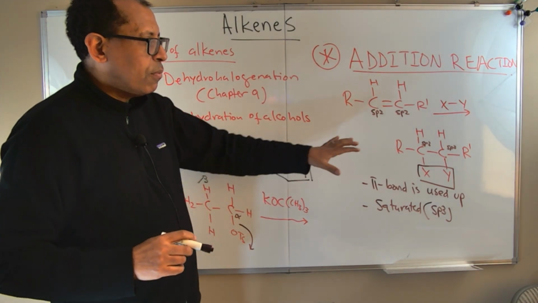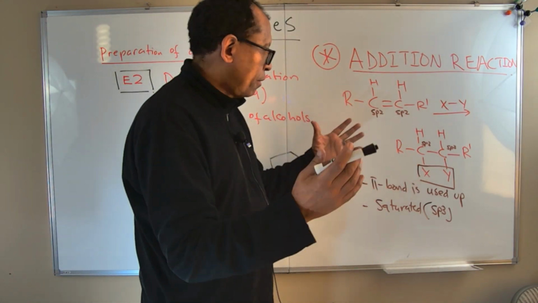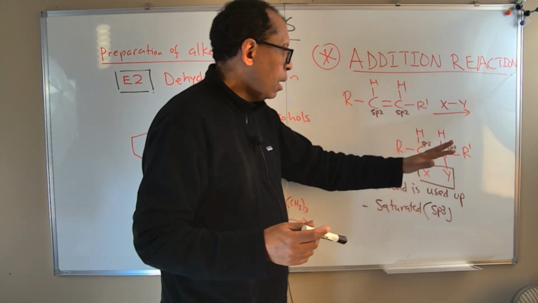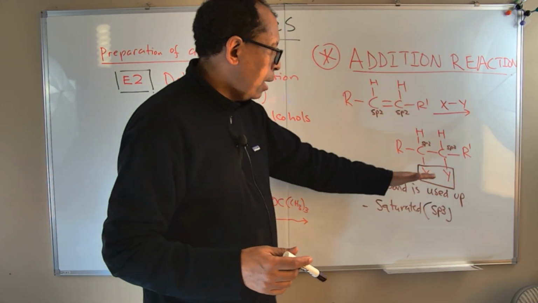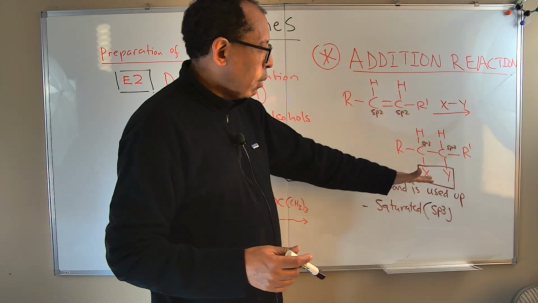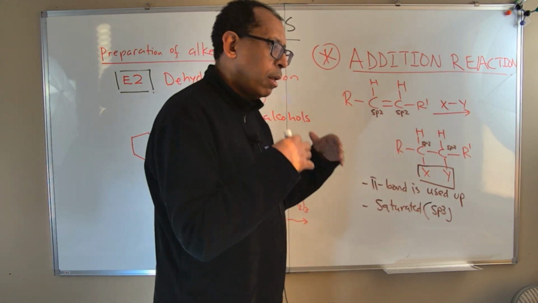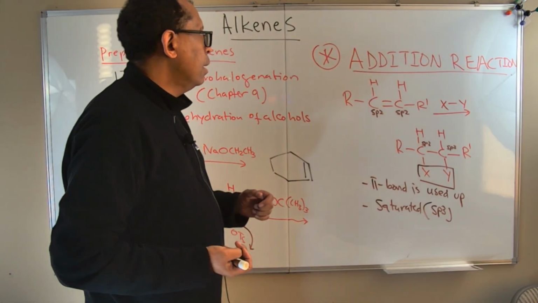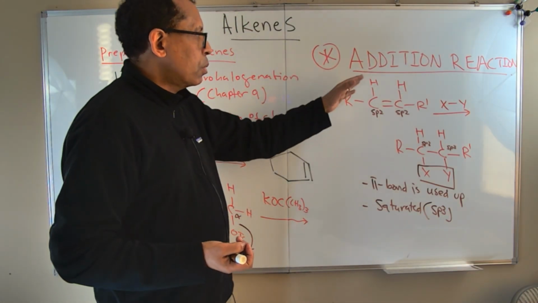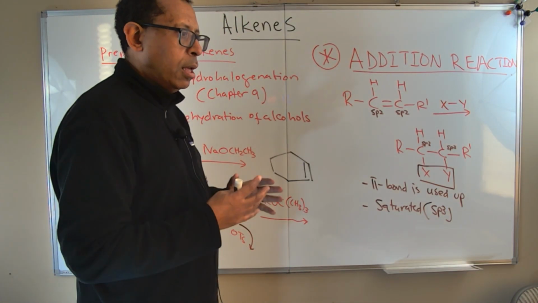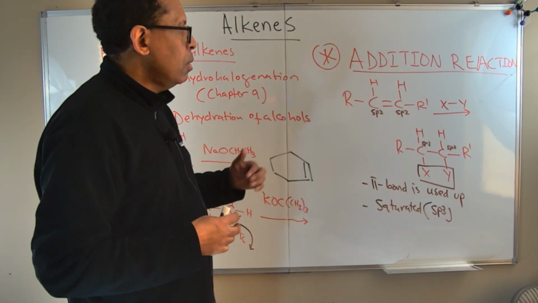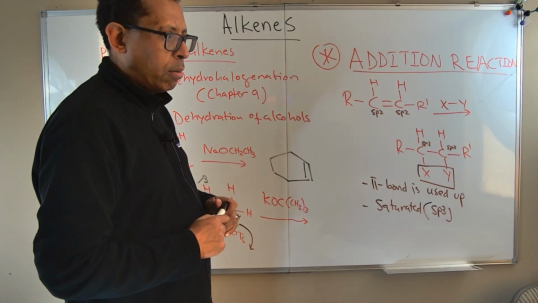They can be transformed into so many different compounds: alcohols, alkyl halides, or they can undergo oxidation to give aldehydes, ketones, and different functional groups. These are important reactions that we will learn in this chapter, so we'll continue with addition reactions of alkenes.